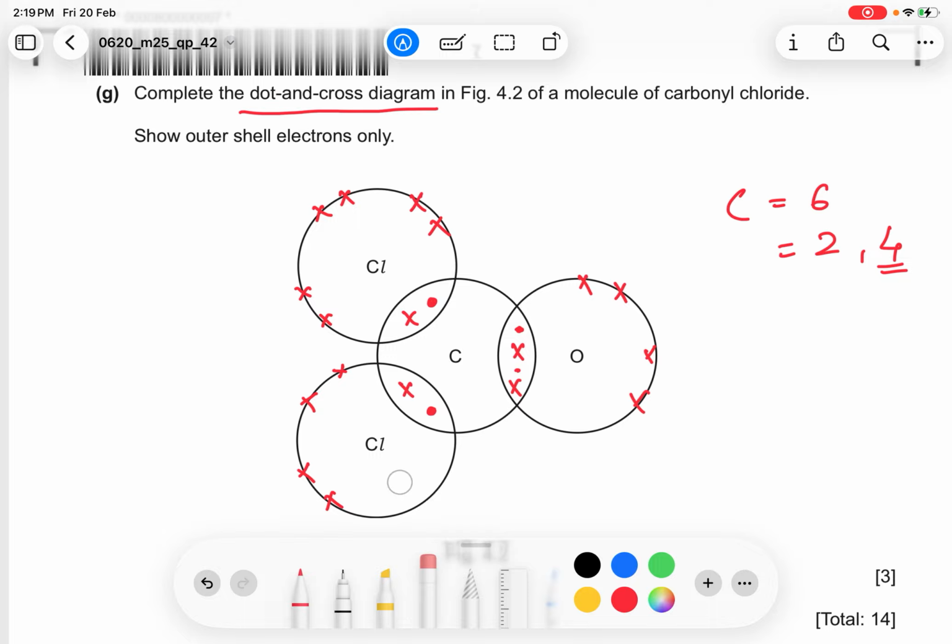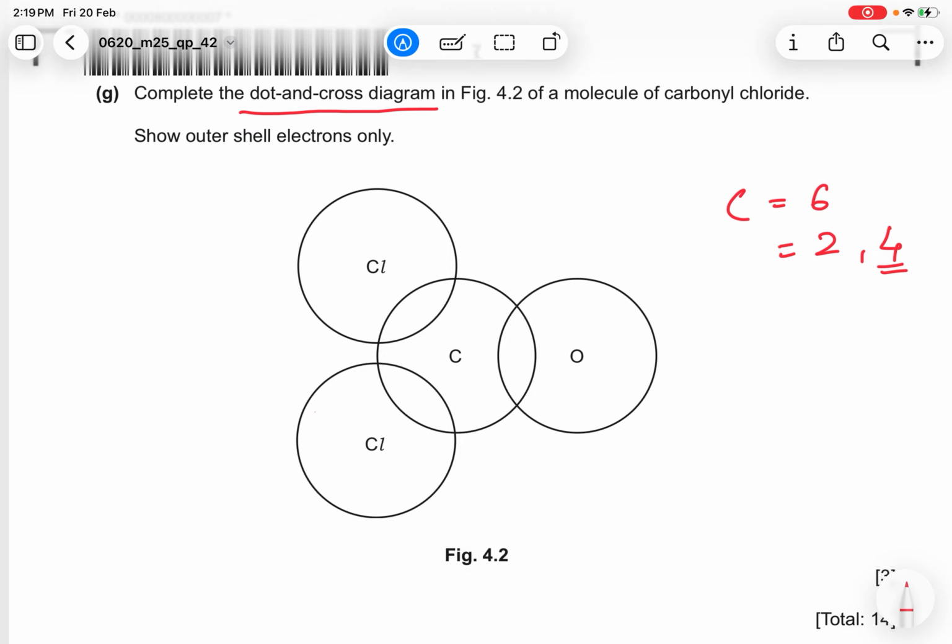I'll just show it once again. So carbon is going to donate 1 electron each to chlorine. Now as carbon has donated 1 electron, chlorine also needs to donate 1 electron. It has to share 1 electron here.